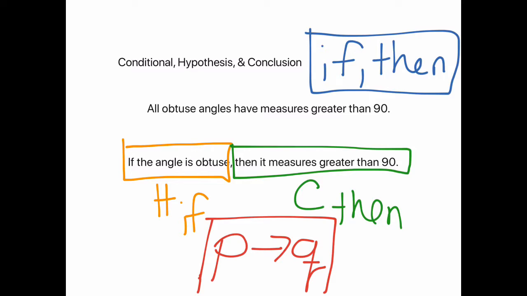You can turn any statement into a conditional, but that doesn't necessarily mean that the statement is true. So conditionals can have a truth value of either true or false. Here's a conditional statement from your practice problems. It says, if x equals 12, then 2x minus 5 equals 19.